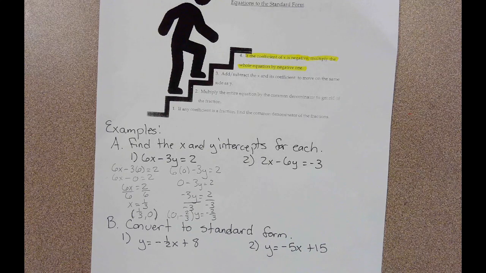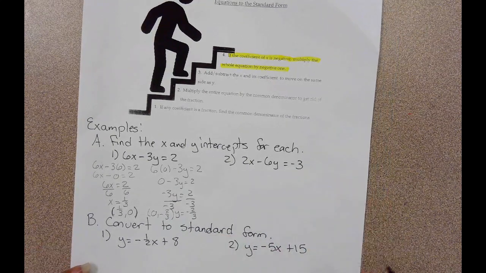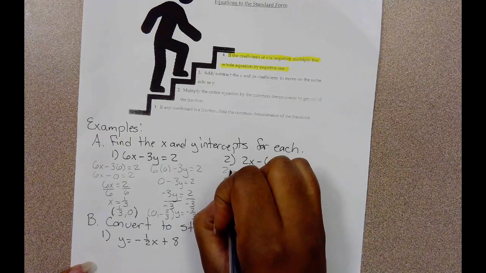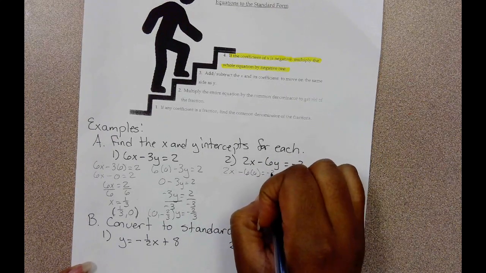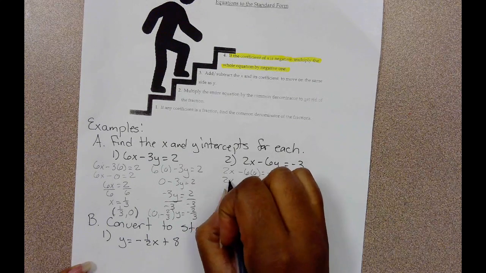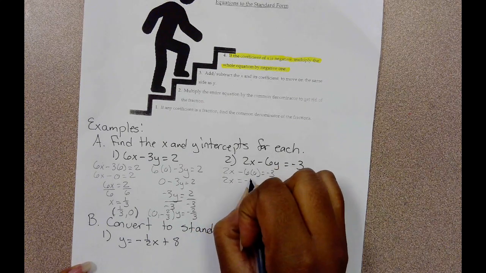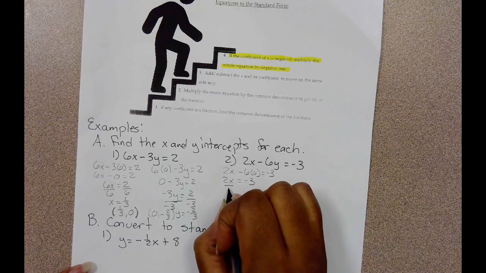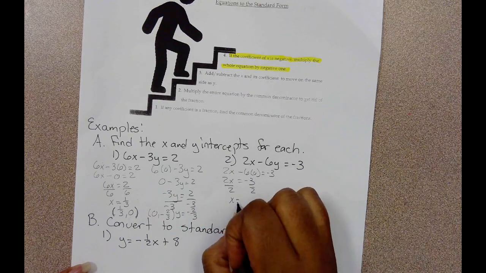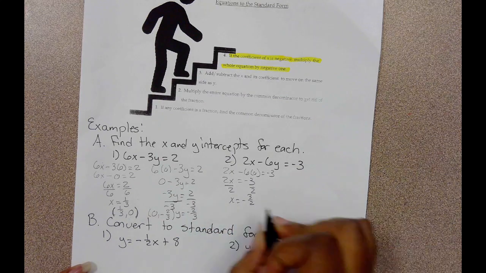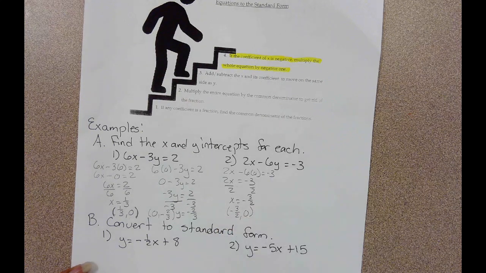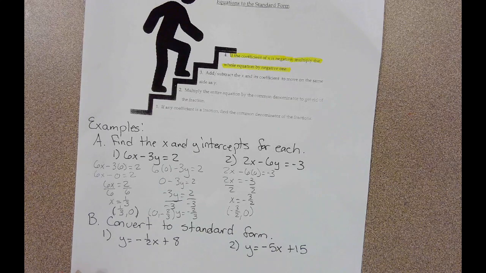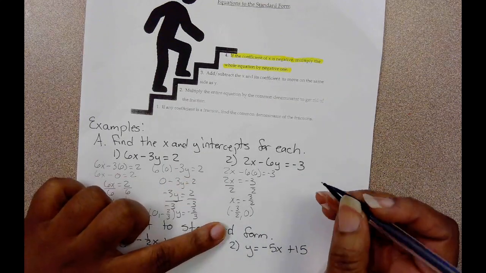We're going to do that one more time. So finding my x-intercept, I'm going to replace y with 0. And I have x equals negative 3/2, but writing it as my ordered pair, this is my answer. So I have my x-intercept.